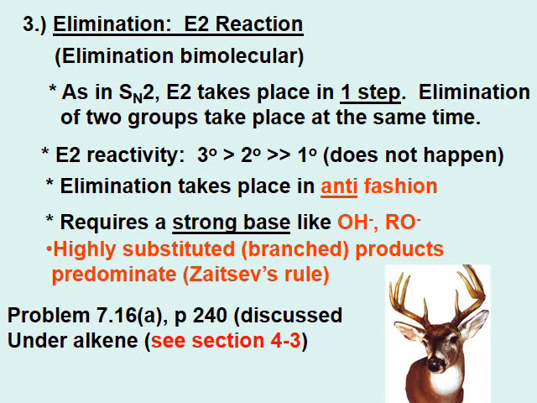E2 is a single step reaction. Elimination of two groups takes place at the same time, and that happens in anti-fashion. And your final product is the highly substituted product. We mentioned that before.